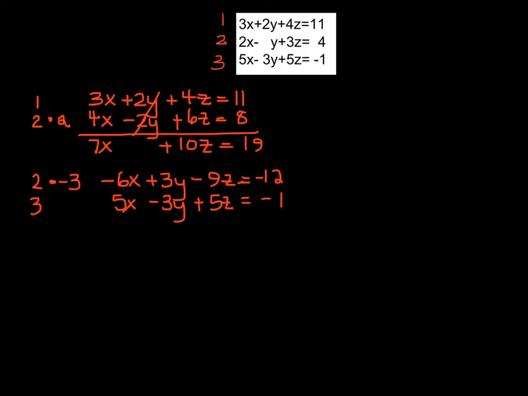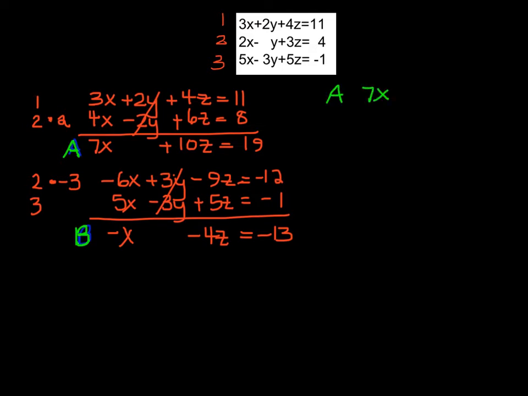So I kept 3 the same, and you can say I also eliminate the y's here. I'm now going to call these A and B. Let's go over that. A and B. I'm going to take A and B over here and write them. And negative x minus 4z equals negative 13.